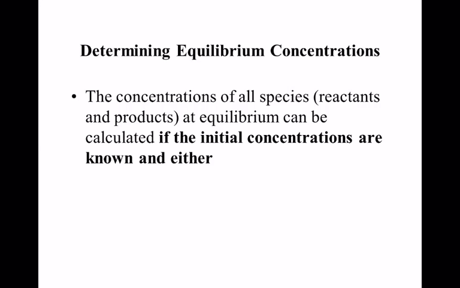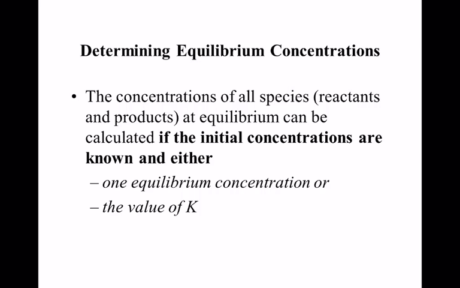If you give the initial, we're basically going to take something that's not at equilibrium. And we know the initial concentrations. And if you know one of two things, if in addition to the initial concentrations, you know either one concentration of one species at equilibrium, that's going to be your E in your ICE charts, or if somebody gives you the Kc or the Kp or whatever it is, your equilibrium constants.